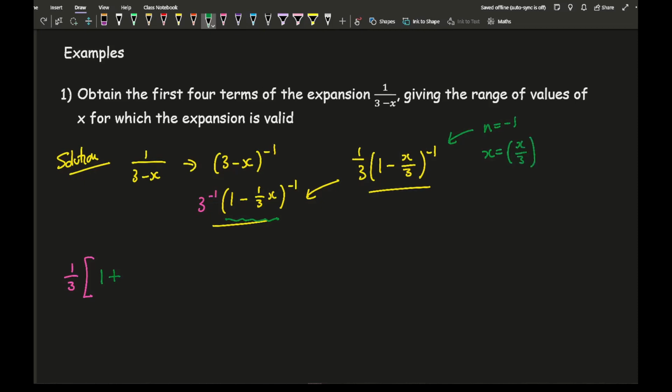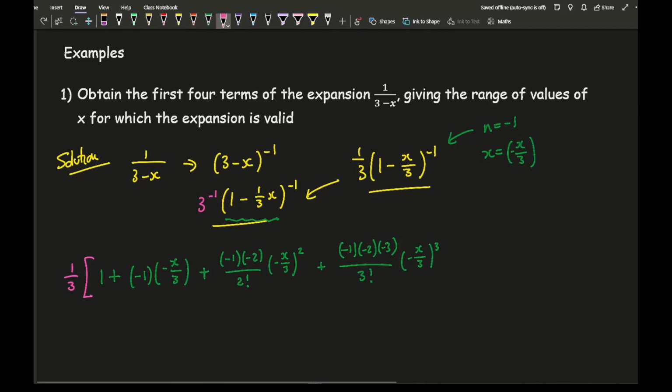So I've got 1, and then I'm going to end up with minus 1 times minus x over 3, plus minus 1 times minus 2 over 2 factorial, times minus x over 3 squared, plus minus 1 times minus 2 times minus 3 over 3 factorial, times minus x over 3 cubed.